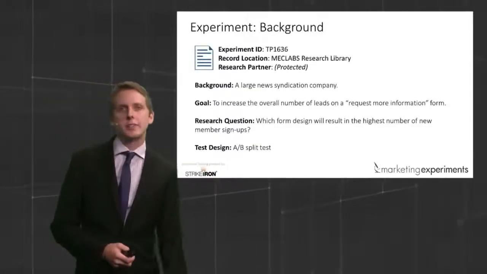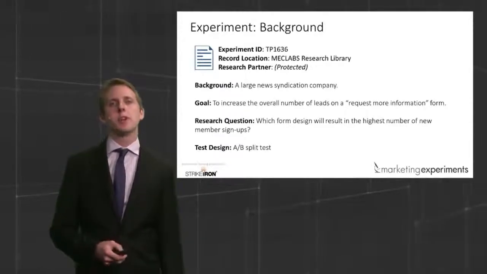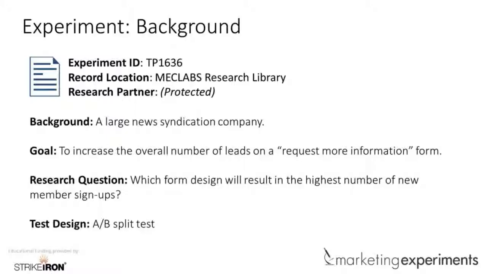So here's our experiment. Without further ado, I want to jump straight into it. We're looking at test protocol 1636. We're working with a large news syndication company. If you've been on these calls before, you probably will have seen other experiments from this group. It's a group we've done a lot of testing with. They're one of the oldest and one of the largest press release organizations in the world.